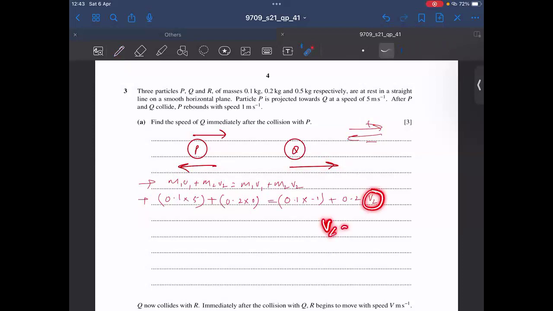If the value of V2 comes out to be negative, then Q would be moving towards left. If the value of V2 comes out to be positive, then my assumption is correct, that Q moves towards right.